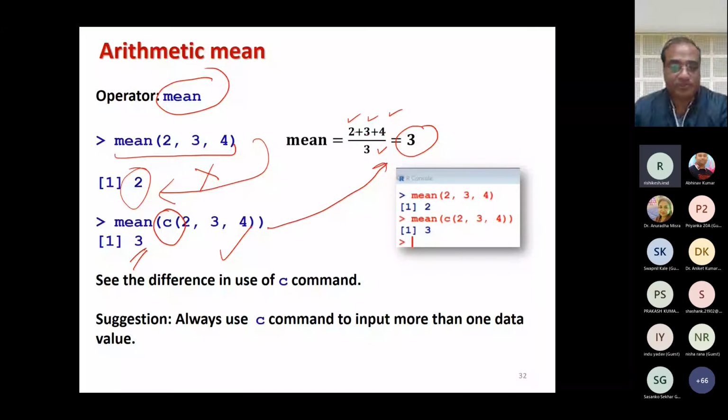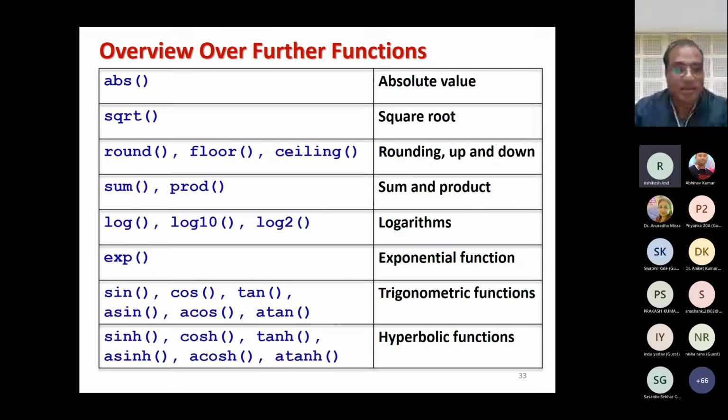It might be possible that someone developed the program using the C command and somebody did not use the C command. That is possibly why this is happening. I don't know how to take care of this, but as a user, I would suggest you always use the C command.